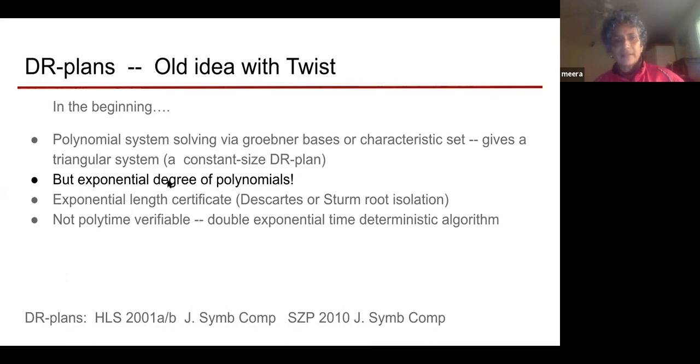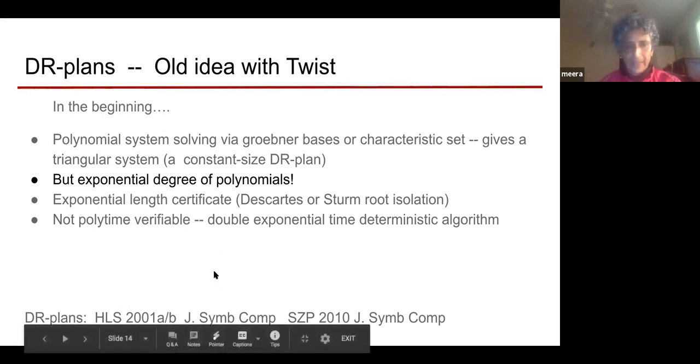But then it's a sort of a generalization of Gaussian elimination and GCDs, and you eventually end up with a single univariate polynomial in very high degree, and you have to take the possible solutions and then substitute them into the previous and do back substitution and solve it. Now, this is in general not polynomial time verifiable. And as far as deterministic algorithm, it's a double exponential time deterministic algorithm.